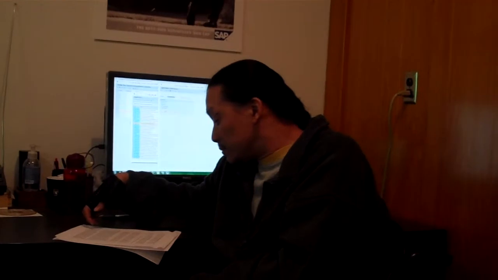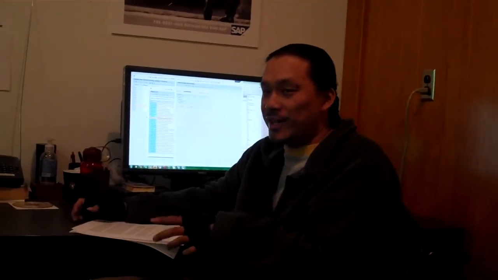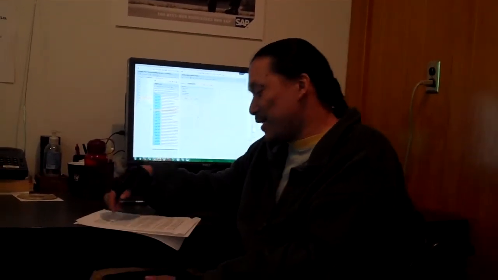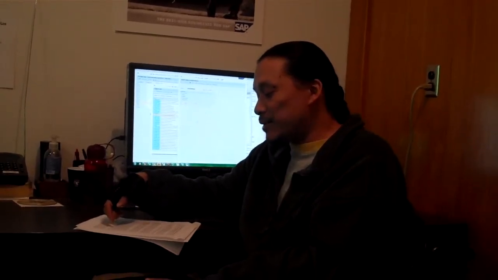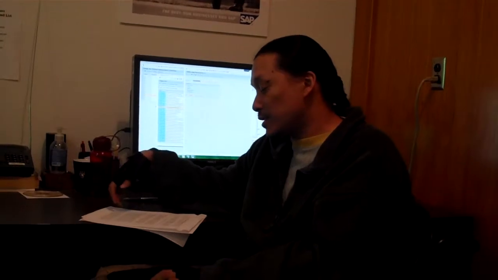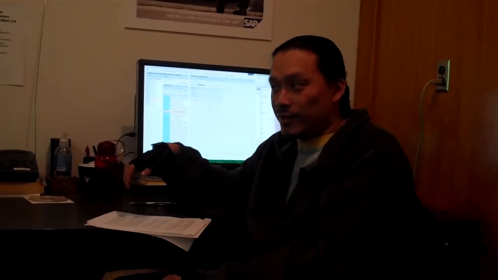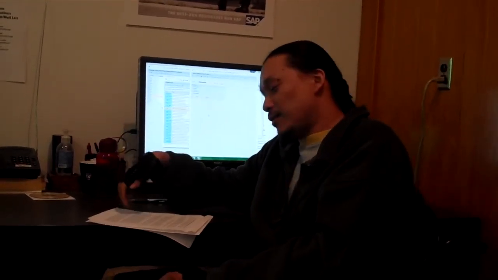Okay, and then number 2, if there are no permitted activities under an authorization object, for example S_TABU_CLI, does it mean that people who have this authorization object cannot do anything to the cross-client tables? Each authorization object protects something specific. I looked at the documentation for this object, and it only protects cross-client tables when you run a specific transaction, SE16, SM30.